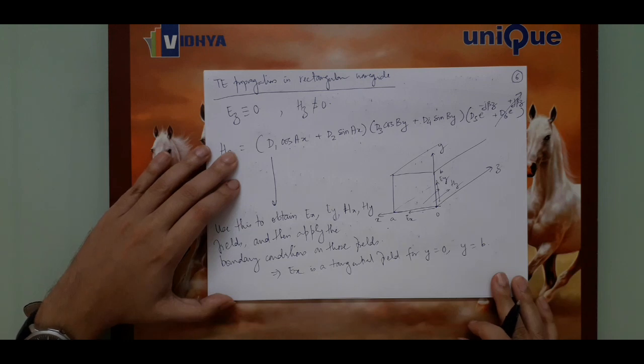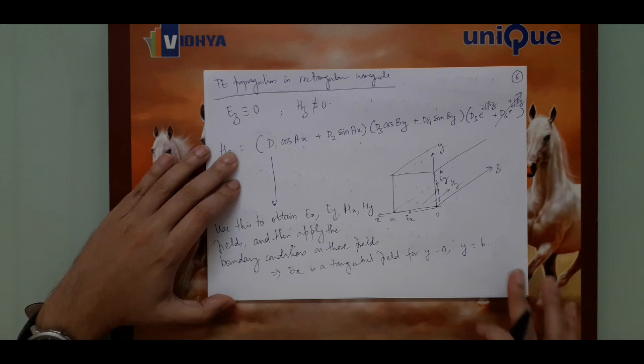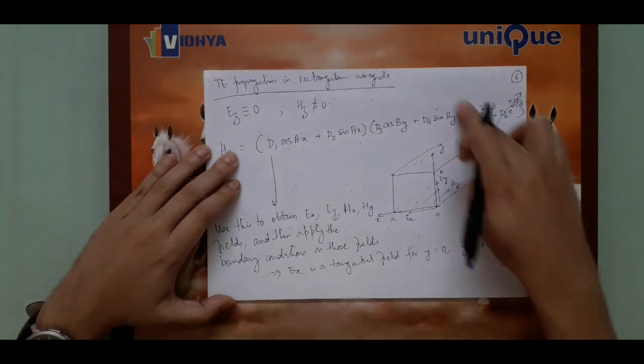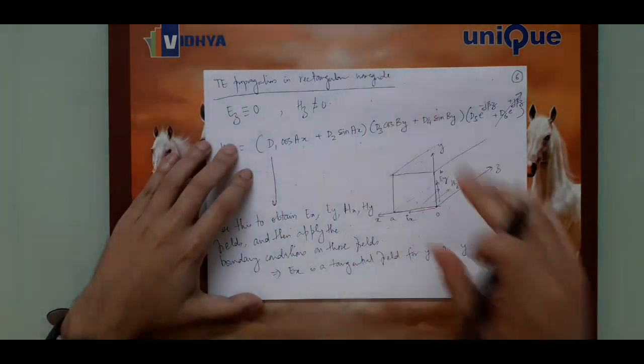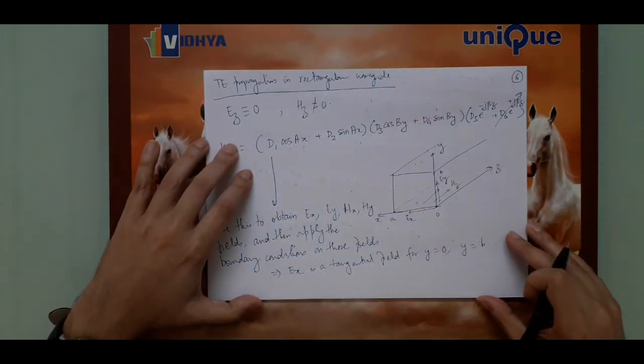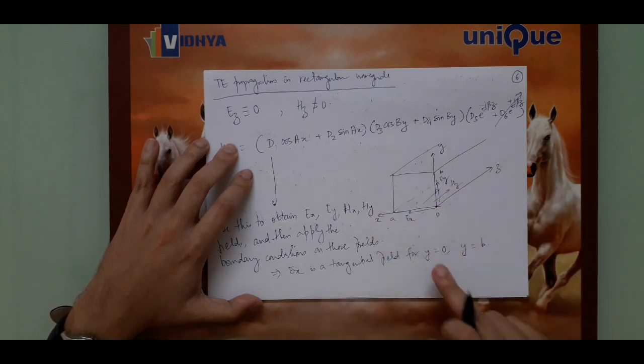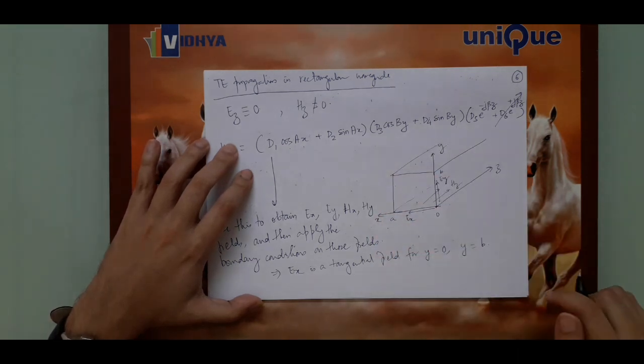So definitely some term in the second bracket will get nullified. If Ex has to be 0 at these 2 points, what can I say?